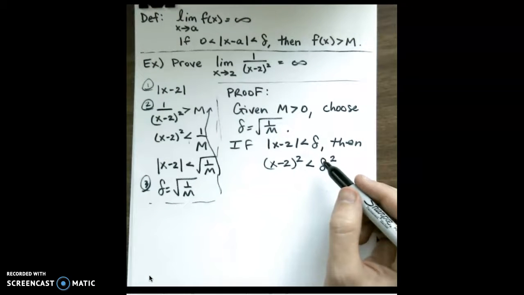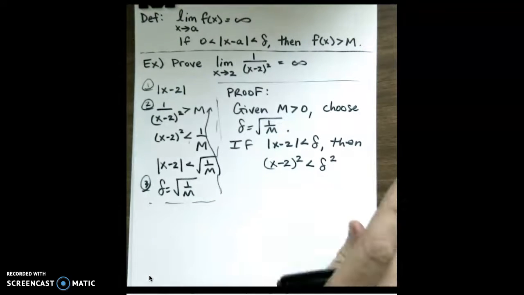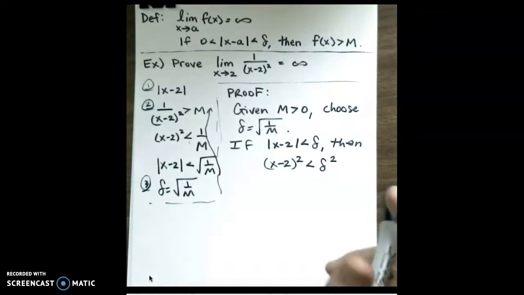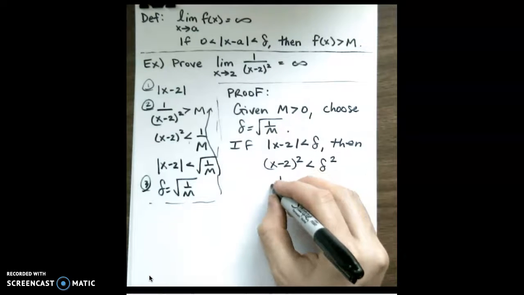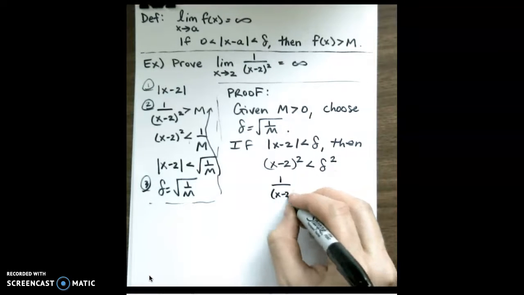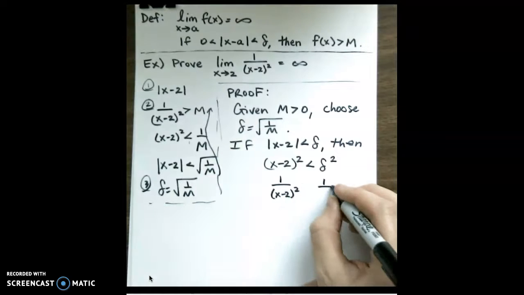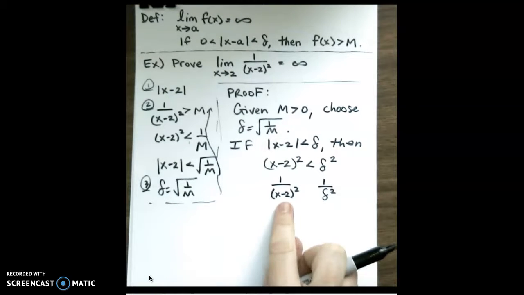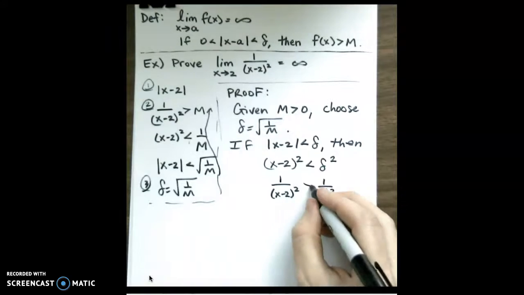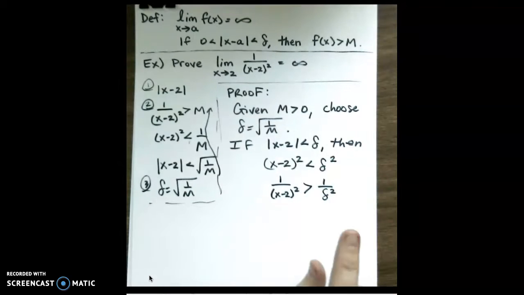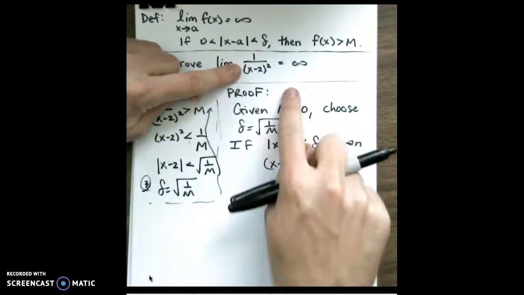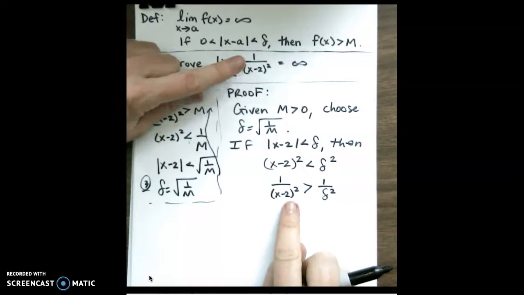So I can do the reciprocal of both sides. But when I do that, remember the sign flips. And then you should get to your function when you're done manipulating. You should get back to your function.